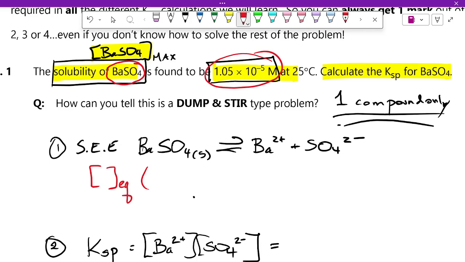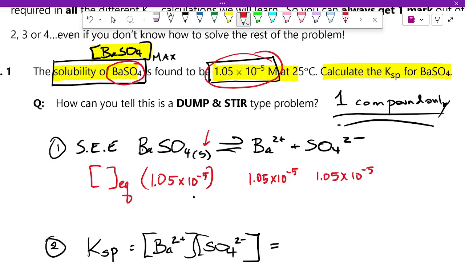I'm going to put it in brackets because it is a solid, so it's not really, but it is 1.05 times 10 to the minus 5. And then what am I going to put for barium and sulfate? Same thing, 1.05 times 10 to the minus 5.